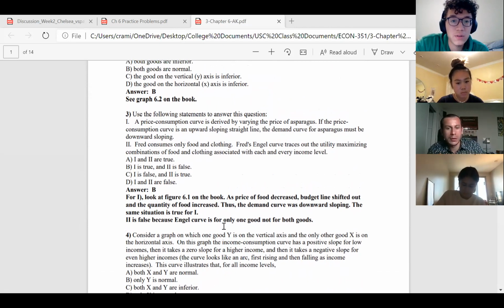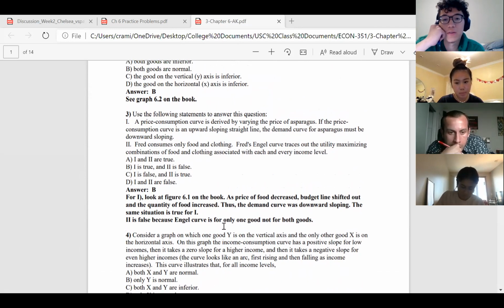So, the following statements to answer this question. The price consumption curve is derived by varying the price of asparagus. If the price consumption curve is an upward sloping straight line, the demand curve for asparagus must be downward sloping. And the second statement is with Fred.